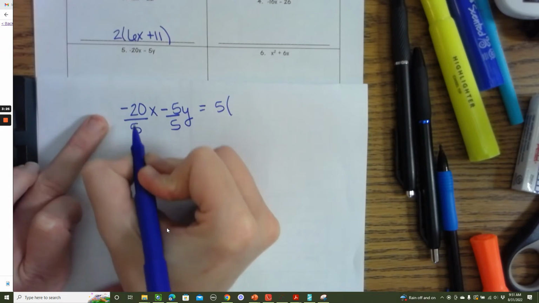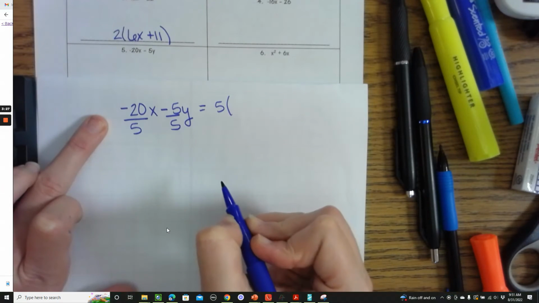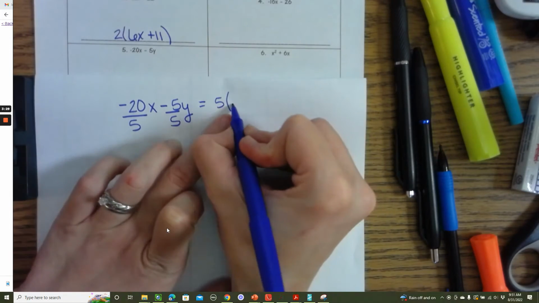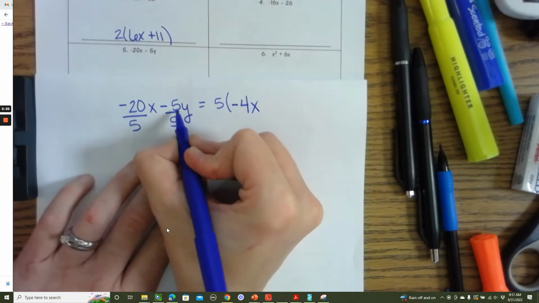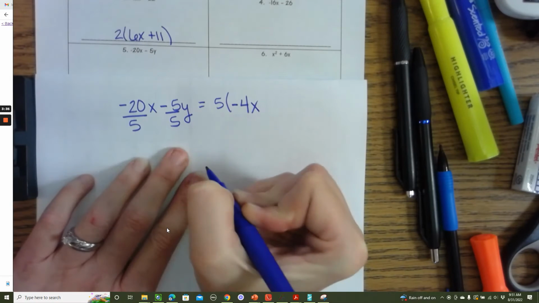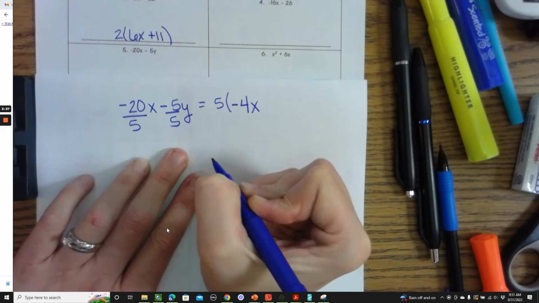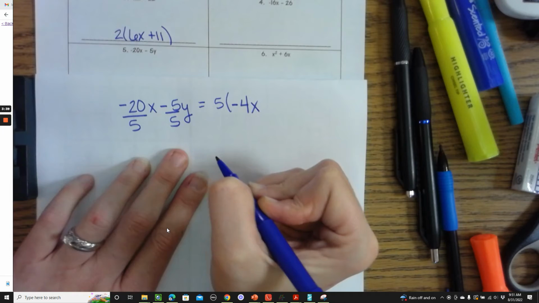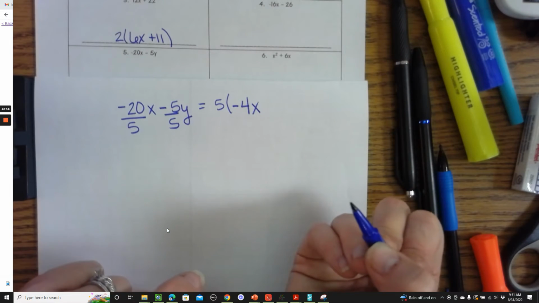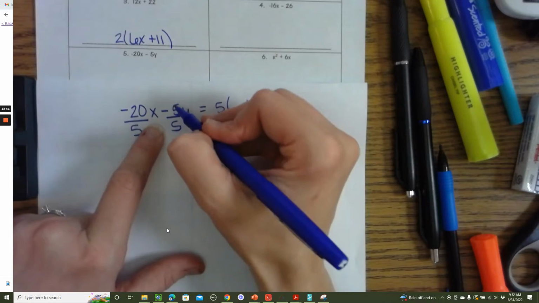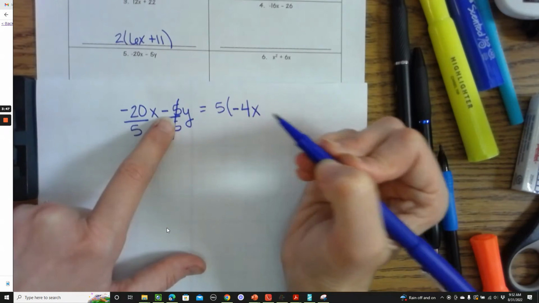All right, what's negative 20 divided by 5? Negative 4. Tack the x on. All right, negative 5 divided by 5. This cancels out, but that negative sign doesn't.